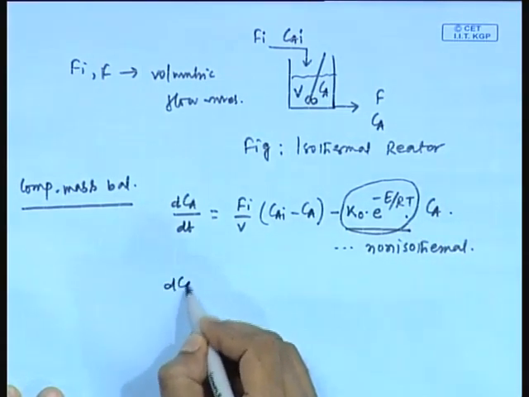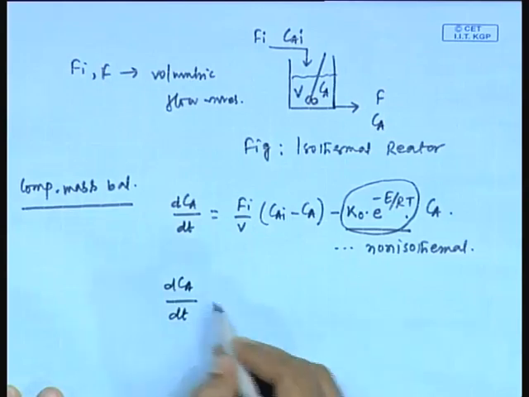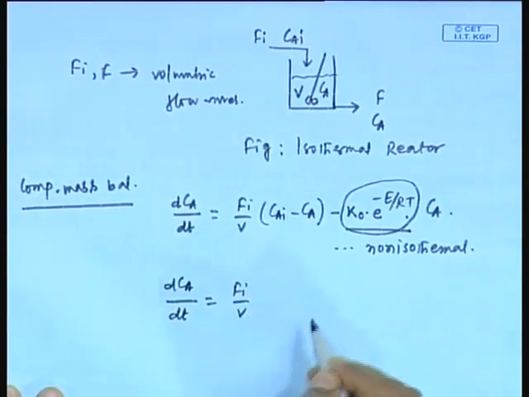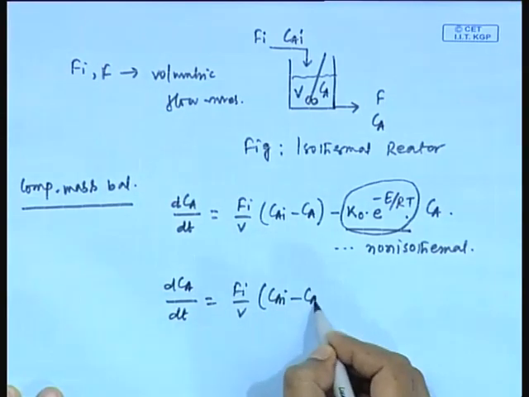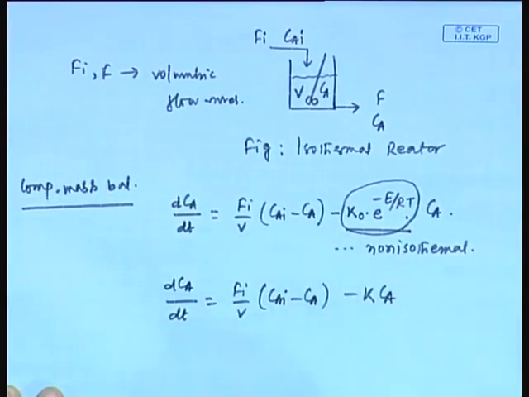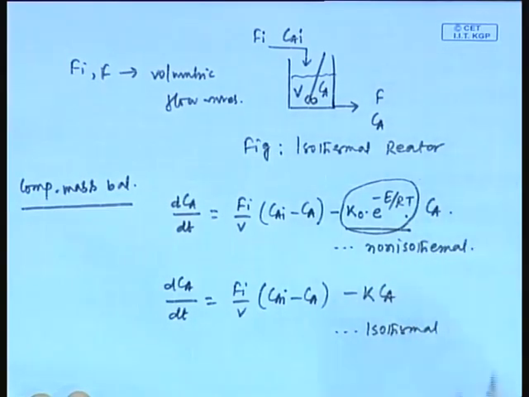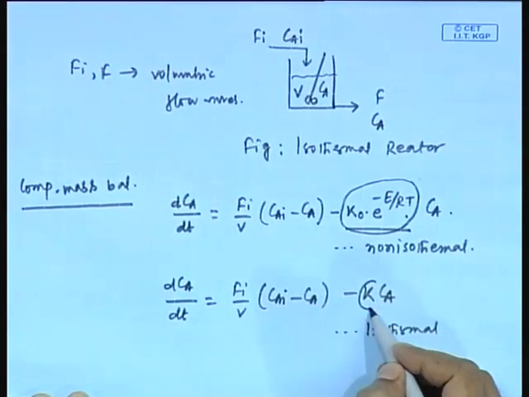So, we can rewrite this equation as Fi by V times (Cai minus Ca) minus k Ca. There is no variation of temperature, that is why this whole term becomes constant, and we represent it by k. So, this is the modeling equation for the isothermal CSTR.